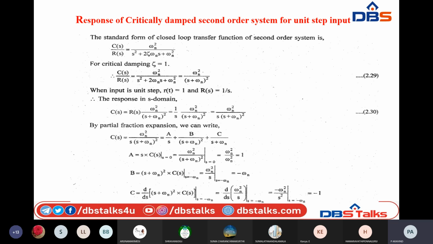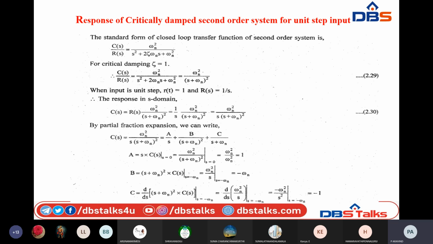Simply A equals multiply C of s by s, and then letting the denominator term, that is s, equal to 0. So simply omega n square by omega n square, taking s equal to 0. Substitute those values, we have A equal to 1.